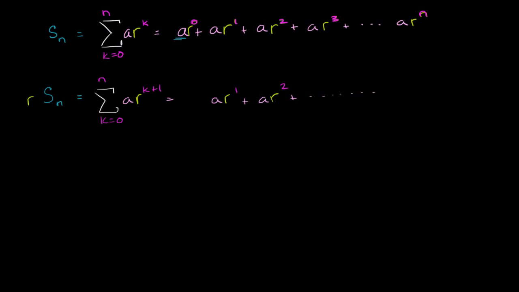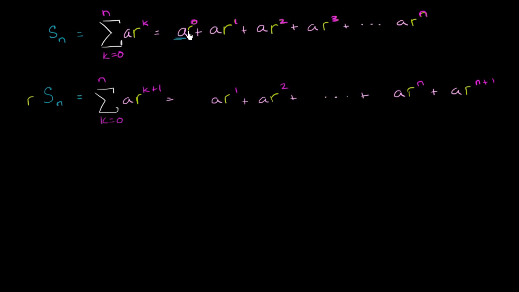So we're going to go to plus, and typically you'd only write 3 dots. I went overboard with my dots, so let me do it. Dot, dot, dot. So plus a times r to the n times r, which is a times r to the n plus 1.